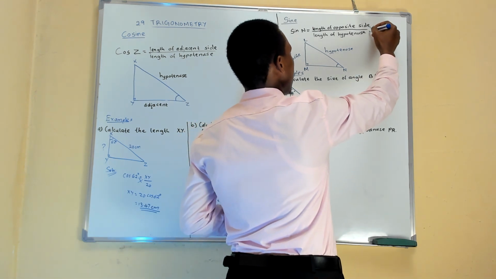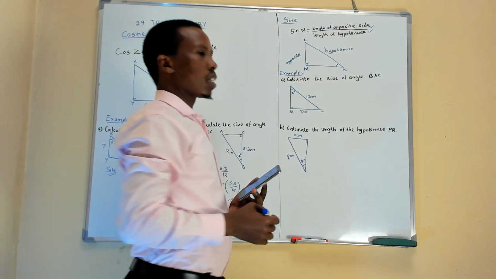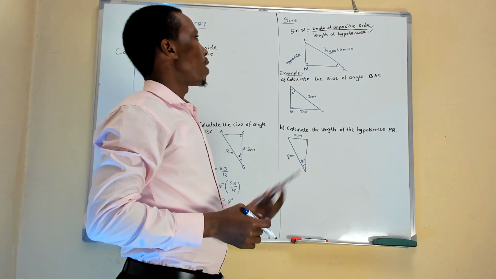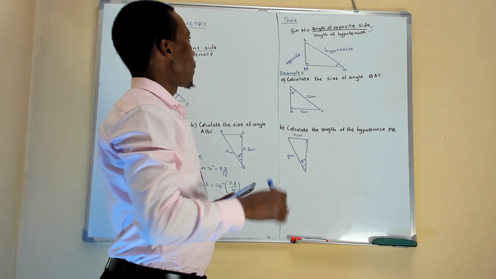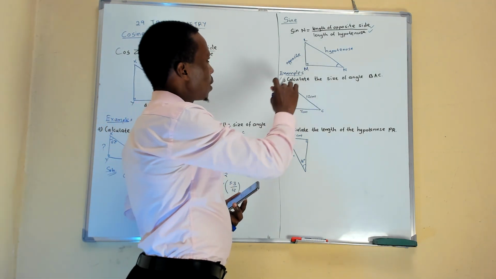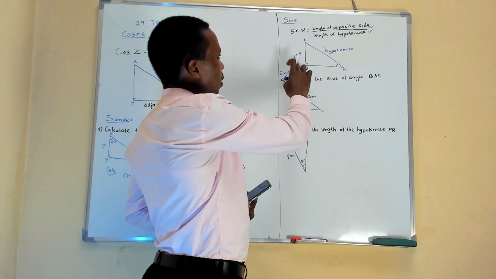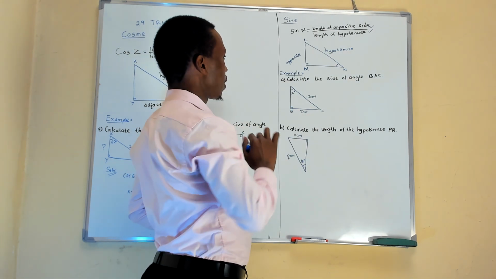So I think you can see how the difference comes in. Length of the opposite divided by the length of hypotenuse. Then opposite with reference to this angle is this, then the hypotenuse is that.